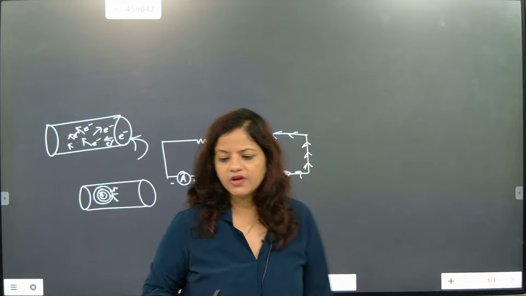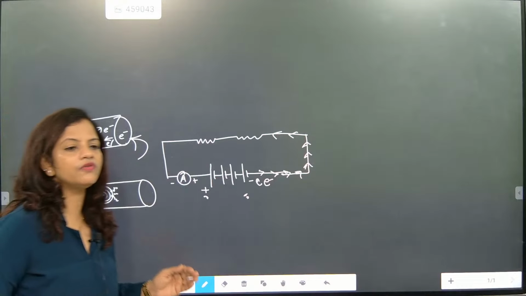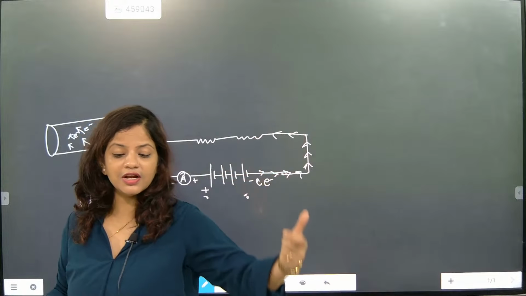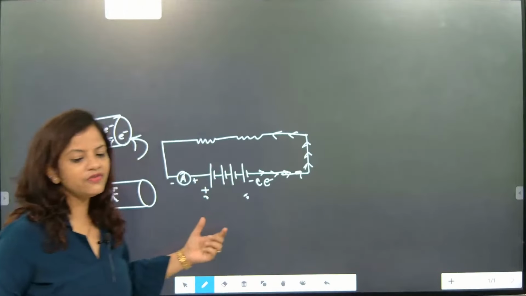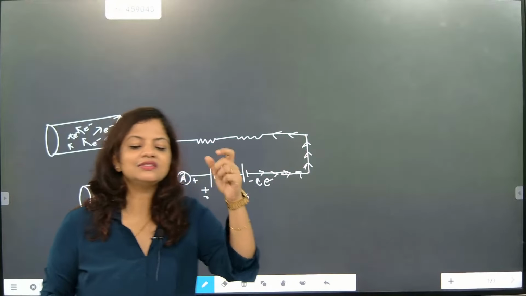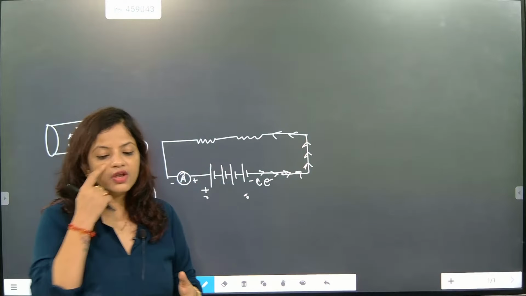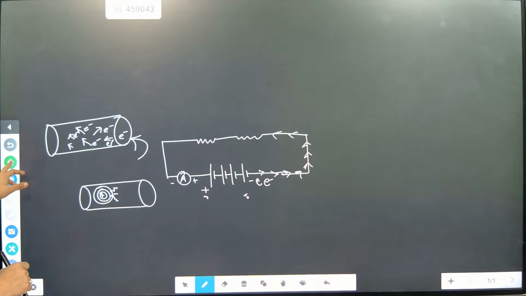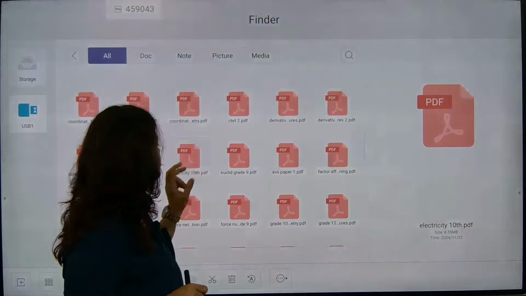That is called the work of the drift. The energy which pushes the electrons to go from the negative terminal towards the positive terminal is called drift velocity. The word we are using here is drift velocity.